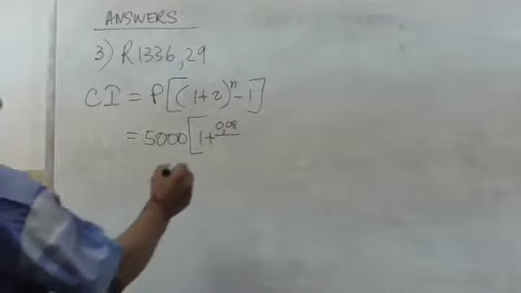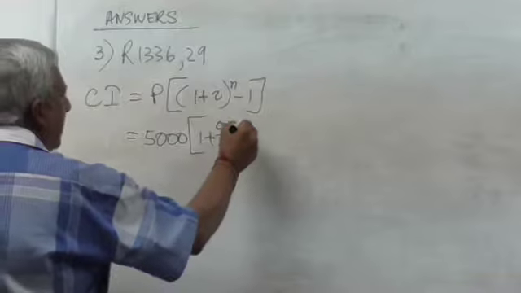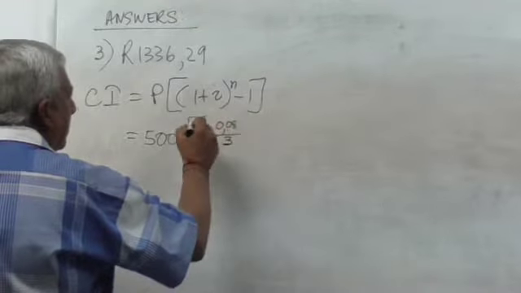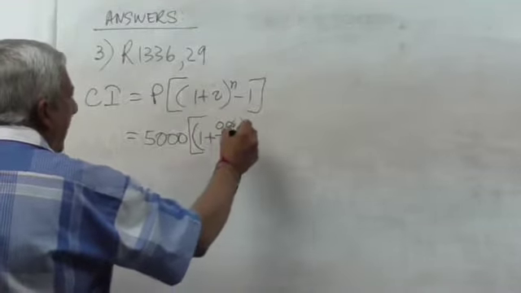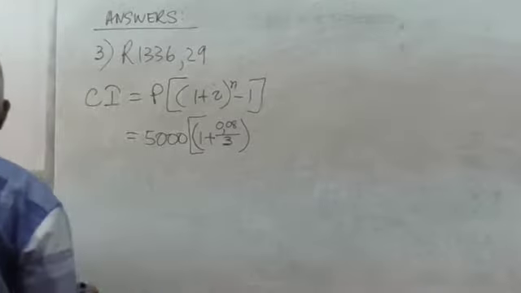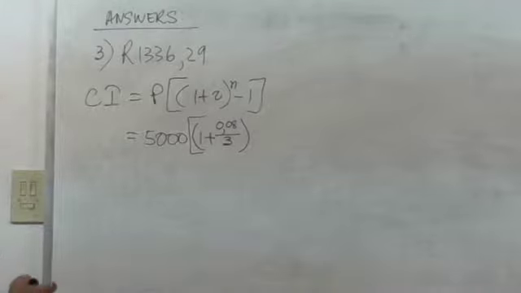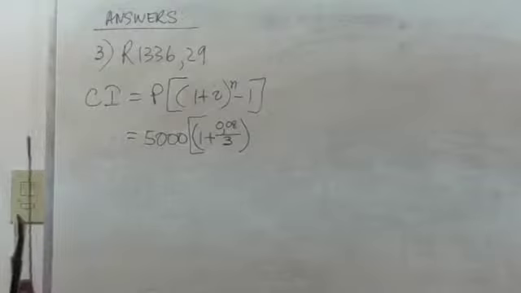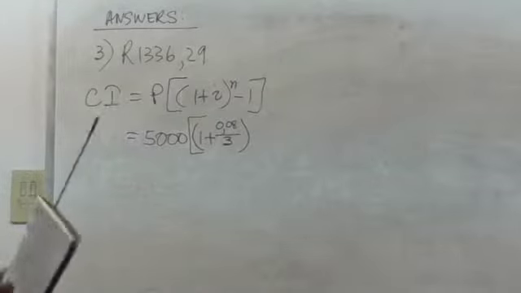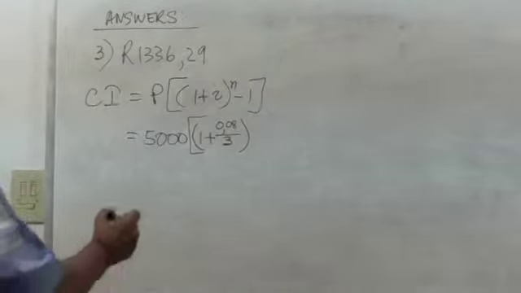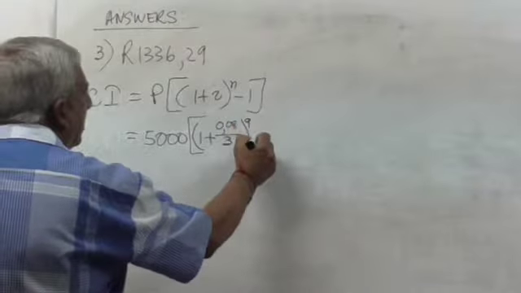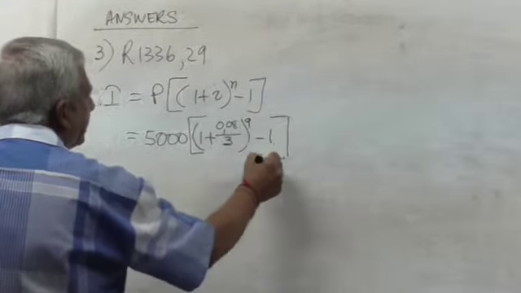Because it is every 4 months, it's divided by 3. And the n, the number of years, is 3 years. So it will be 3 times 3, which is 9, minus 1.